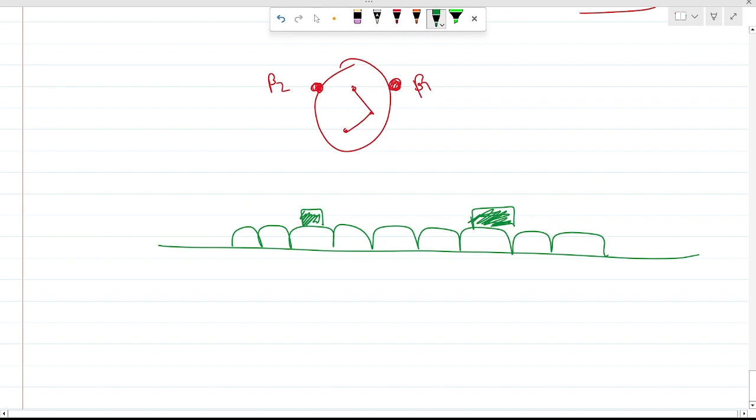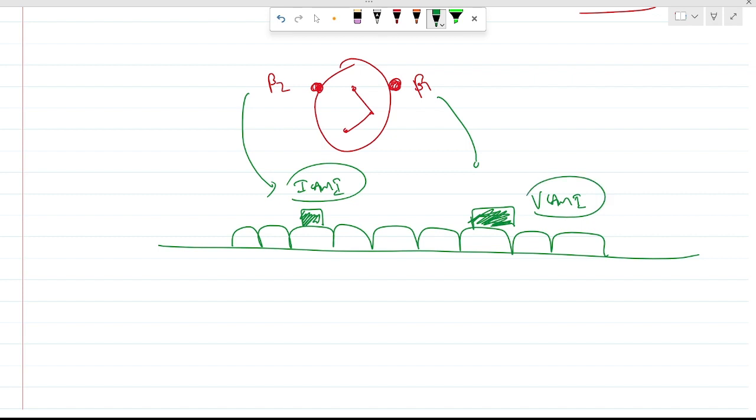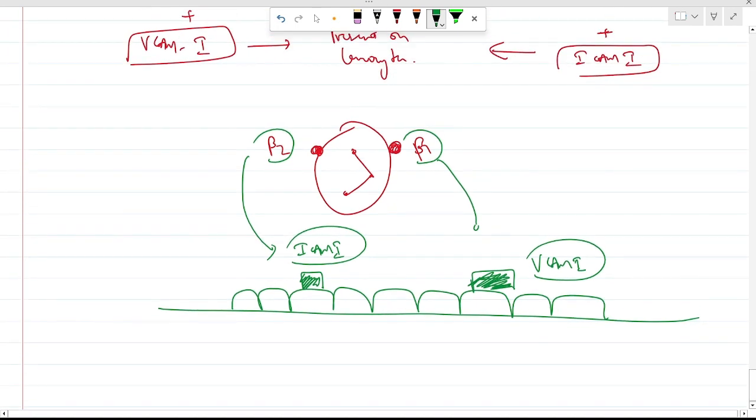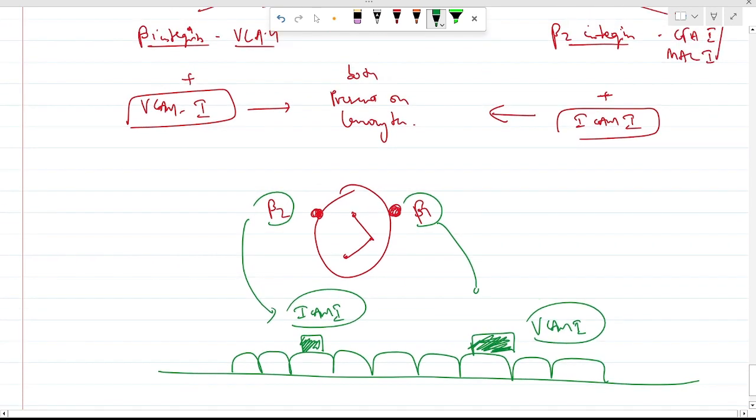For beta 1, this is VCAM1. For beta 2, this is ICAM1.